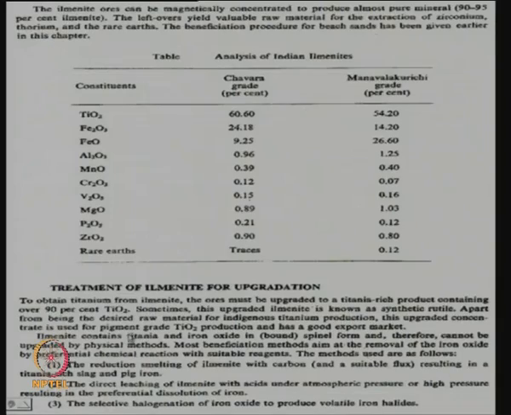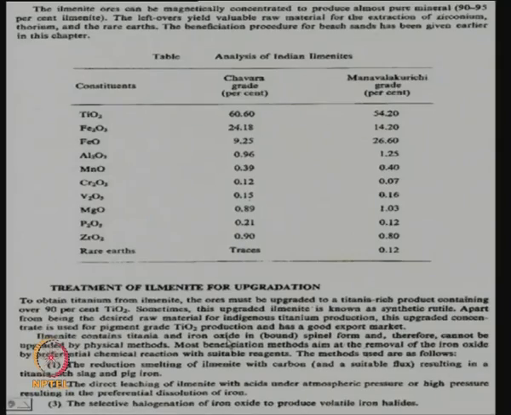Now, ilmenite contains titanium and iron oxides, as I have shown, in bound form. You cannot say ilmenite is a mixture of FeO and TiO2. It is a compound, FeO.TiO2, in bound form. We call it a spinel, and therefore, it cannot be upgraded by physical methods. You cannot physically remove FeO and TiO2, you have to go for chemical processing.